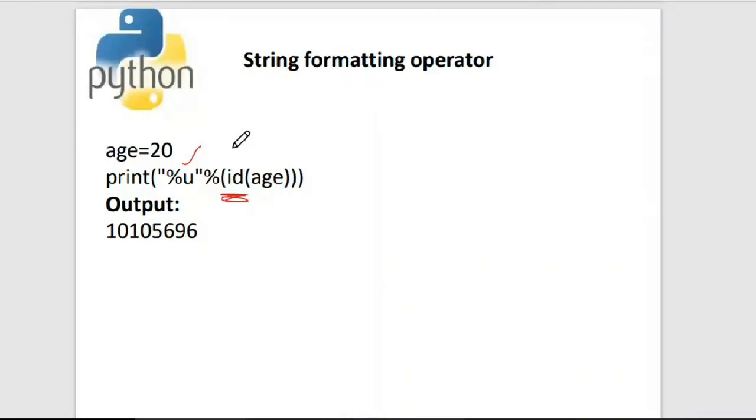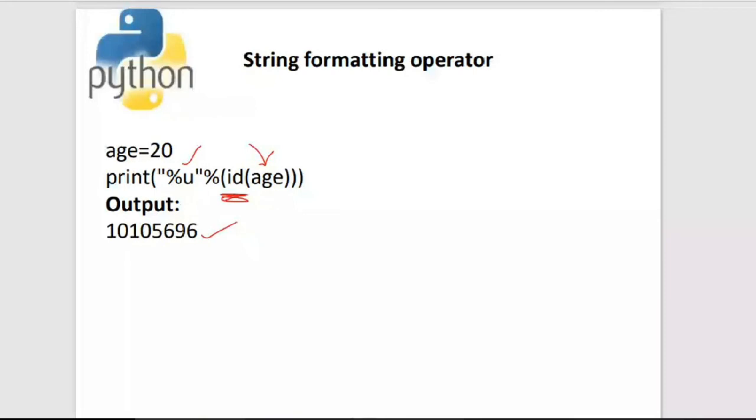Inside the id function, I pass the variable, and I retrieve the address of this particular age. The address is the memory location where the age object is stored. If you want the address printed on the screen, you use %u.